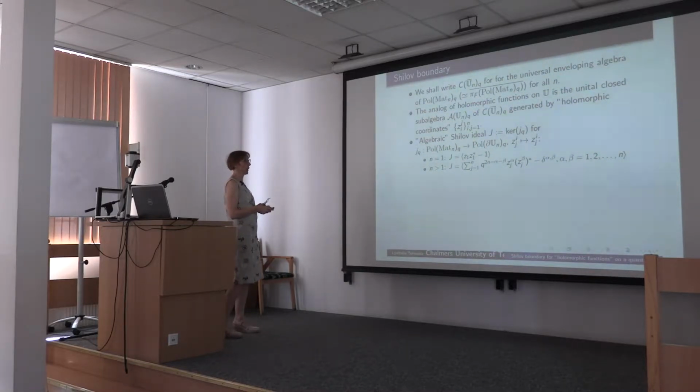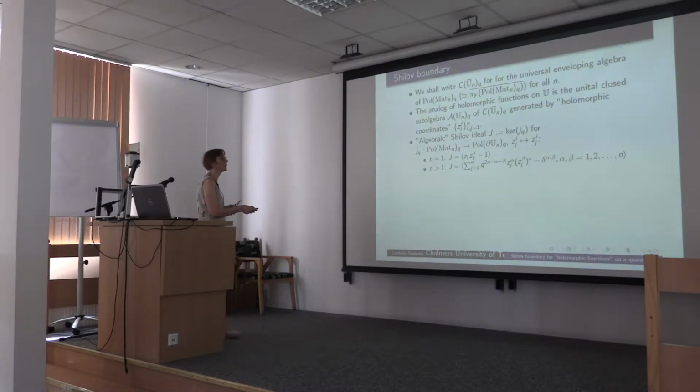We have this algebraic Shilov ideal, which is what we have from Waxman's result. He constructed this homomorphism G Q from these polynomial algebras to these polynomial algebras. For n equal to 1, this is the ideal generated by z star minus 1. And for n larger than 1, we have a more complicated expression.